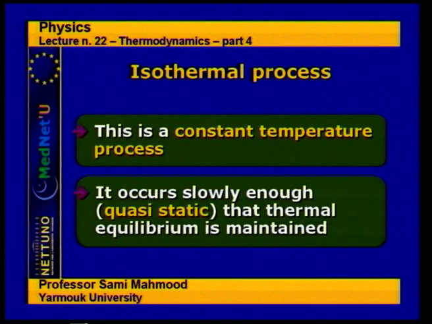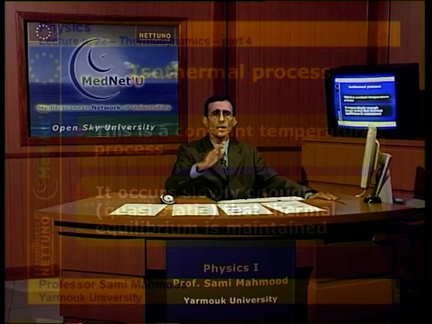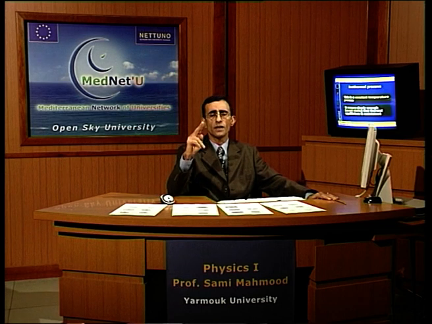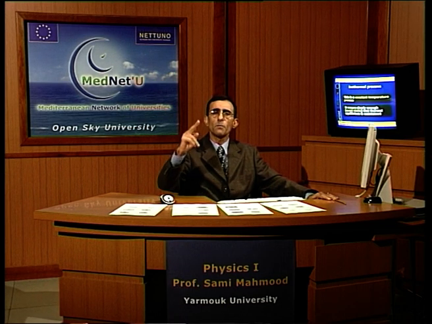It occurs slowly enough. We take this transition of the system from the initial state to the final state of volume, temperature, pressure, very slowly or quasi-statically, as we say, in order to ensure that there is a thermal equilibrium at every stage of the process in order to be able to have a viable PV diagram.